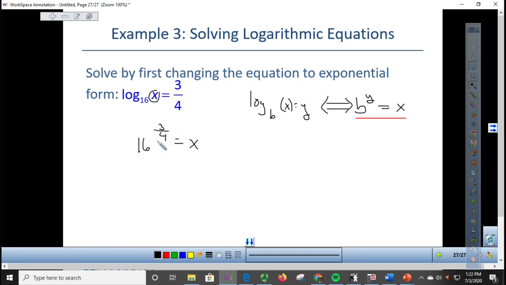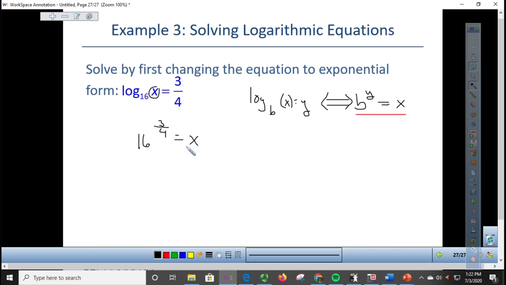I have this exponential function with a rational exponent. So how do I write exponential equations in radical form? Remember, when we have a to the m divided by n, this is like saying the nth root of a raised to the m, right?